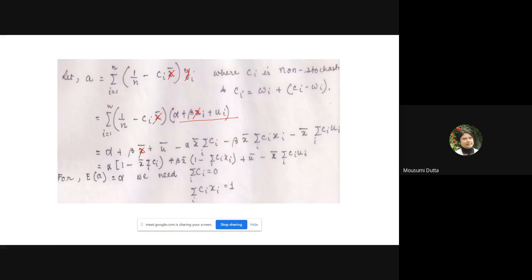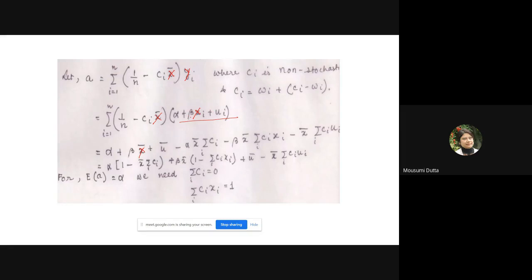Here you have alpha, and here there is the summation sign, so it is basically n alpha by n. So the first term is alpha.